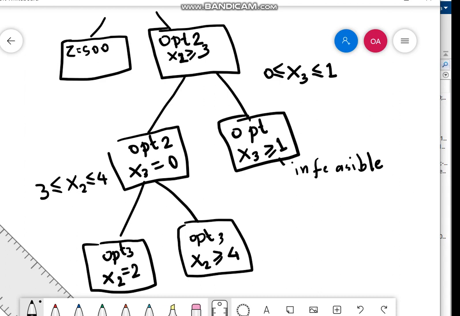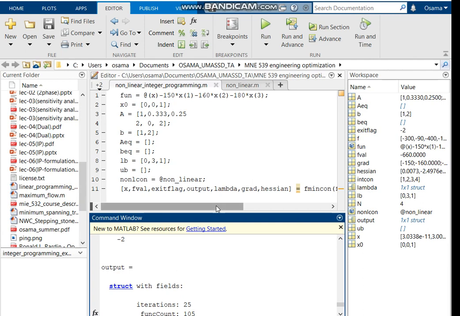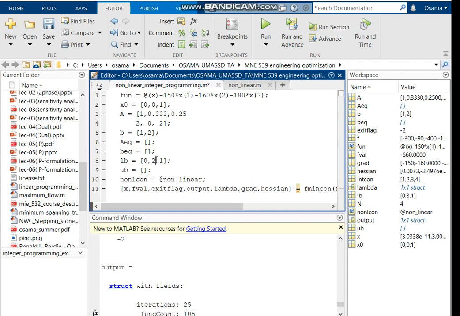So x2 is equal to 2. We already have two bounds set up: x3 will be only 0 and x2 will be only 2. Let's update our problem and run it again.